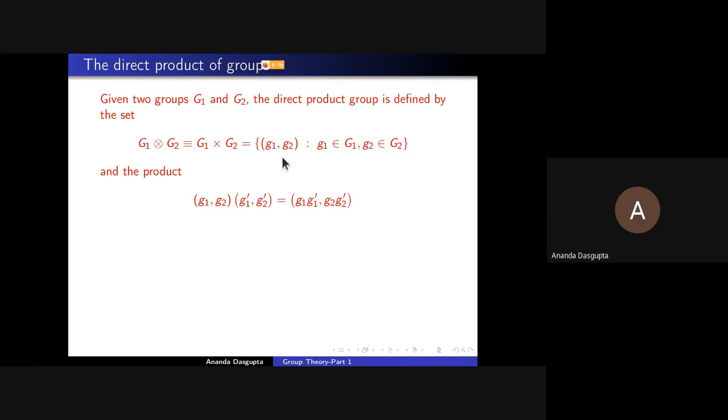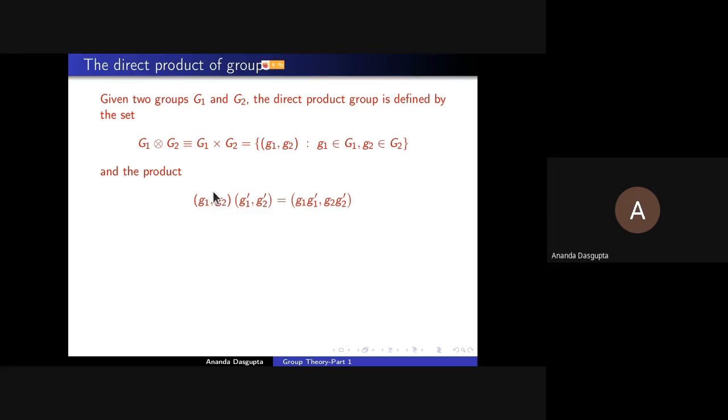But of course, this just defines the underlying set. How do you define the product? The product is defined very, very simply. You take the element (g1, g2) and the element (g1', g2'), and you want to define how to multiply them.